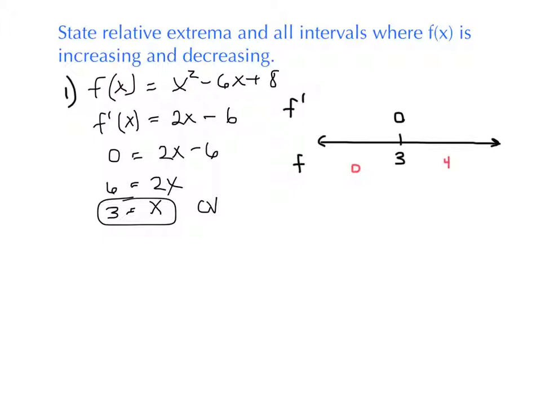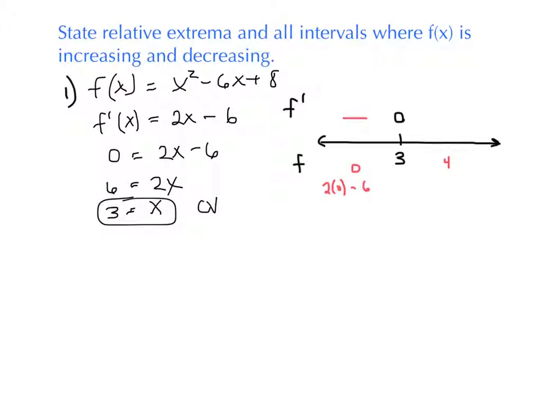Okay, so we're going to plug those values into f prime of x, and we're going to determine if we end up with a positive or a negative. The value that we get does not matter. What matters is if it is a positive or a negative number. So when I plug 0 into f prime of x, I would have 2 times 0 minus 6. What do I get? Well, 2 times 0 is 0, minus 6 is going to be a negative value.